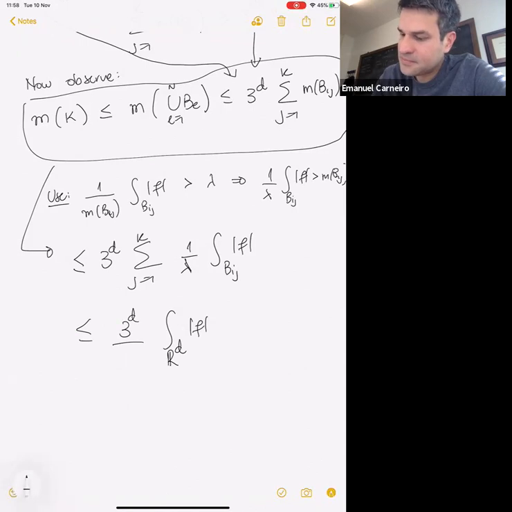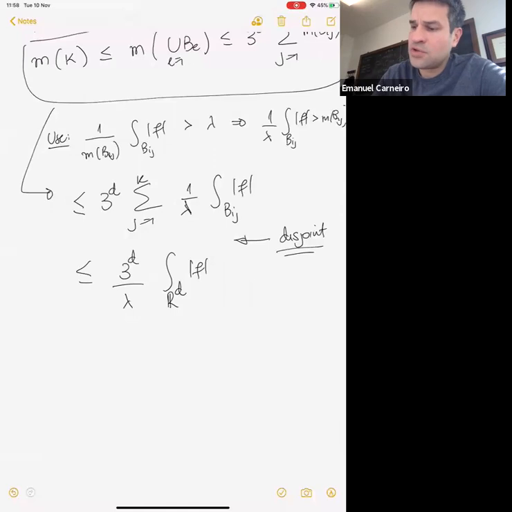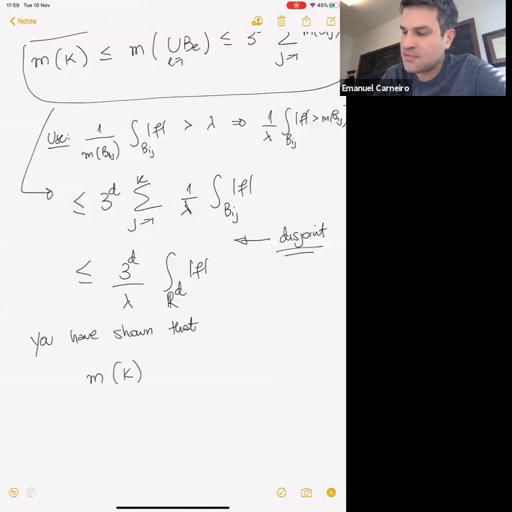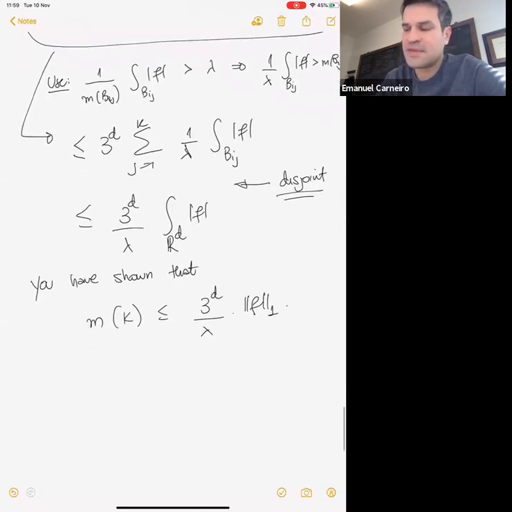Here you just use that the balls are disjoint. What you have shown is that the measure of K, this compact set, was less than or equal to 3 to the D over lambda times the L1 norm of f, which was finite.